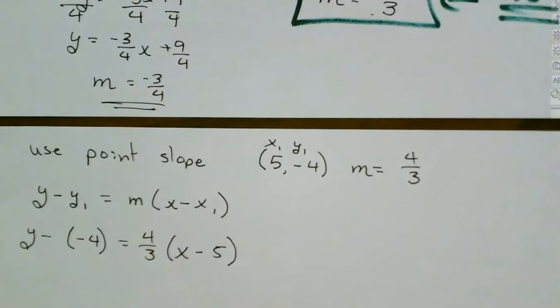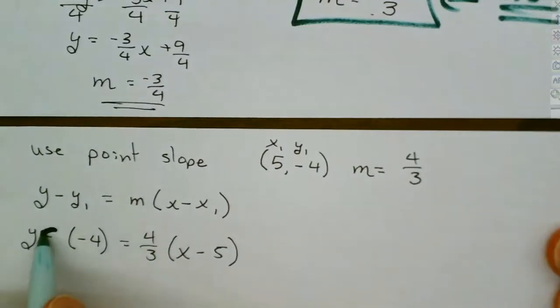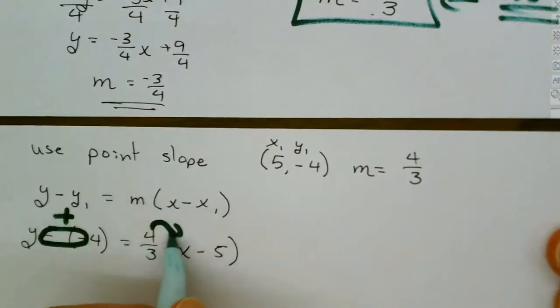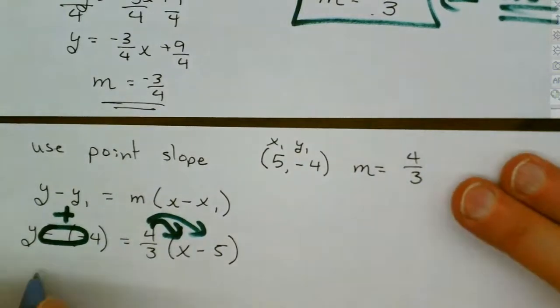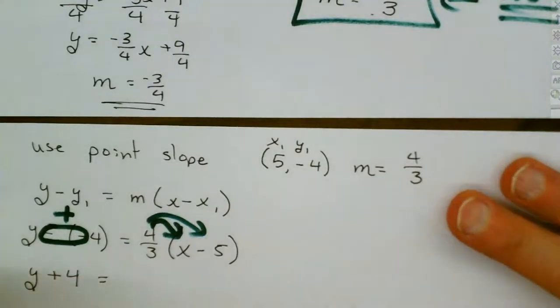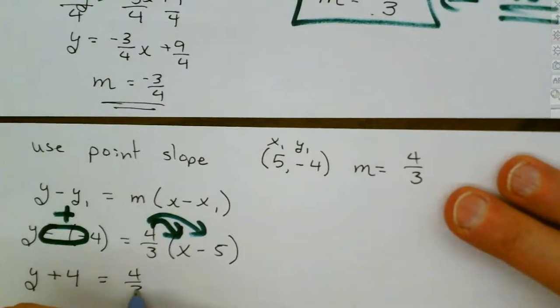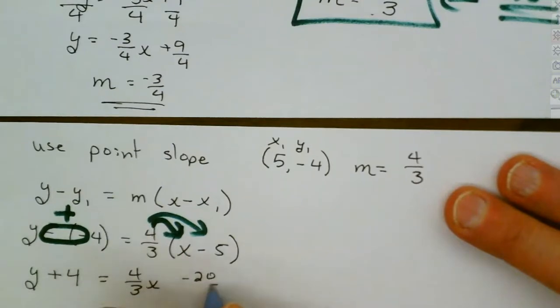Double negatives are going to make that positive. And we're going to distribute that 4/3 through. So that gives you then y plus 4 equals, distributing through, we have 4/3 x, and 4 times negative 5, that makes it a minus 20 over 3.